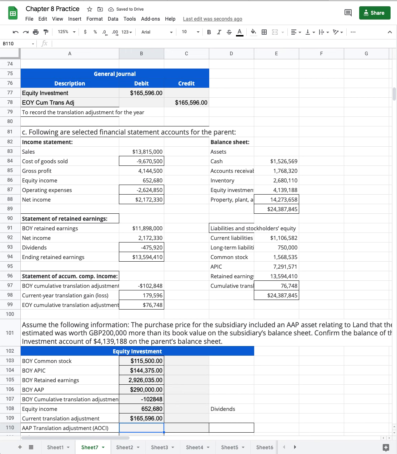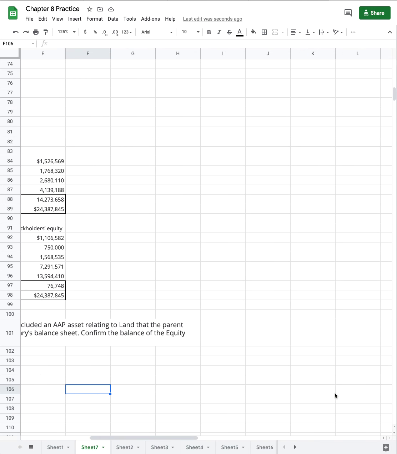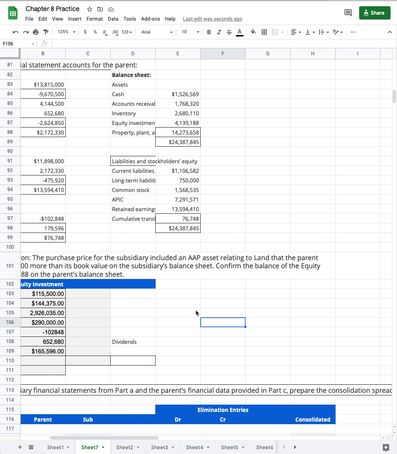And then our AAP translation adjustment. So over here on the side, let's do a little table for our AAP translation adjustment. And so we'll have the beginning of year balance, our amortization, the end of year balance, and then the AAP translation gain or loss. And we'll do pounds, rate, dollars.